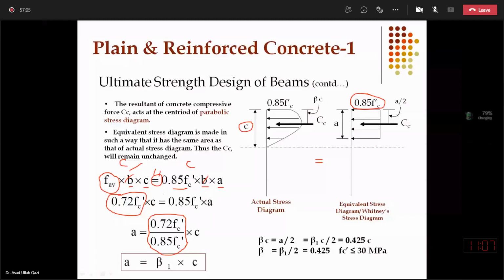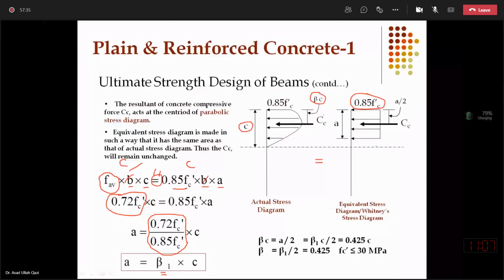So this is one way: if I want to use the uniform stress block depth, this A then gets the relationship with the actual neutral axis depth C based on the equation beta 1 C. Secondly, the point of application of this CC in actual was beta C, now there is no subscript 1 with this beta.